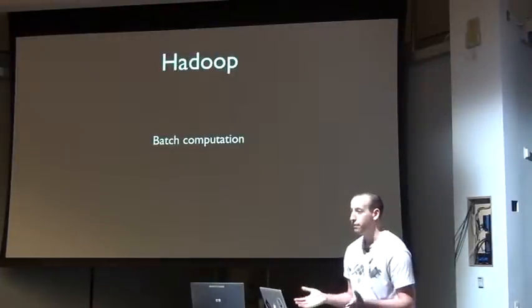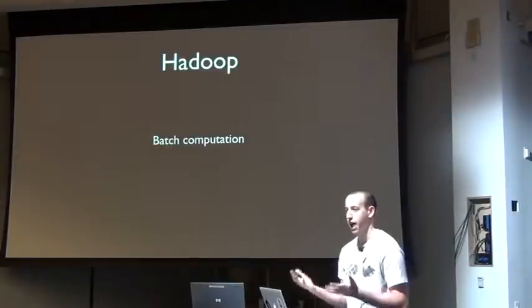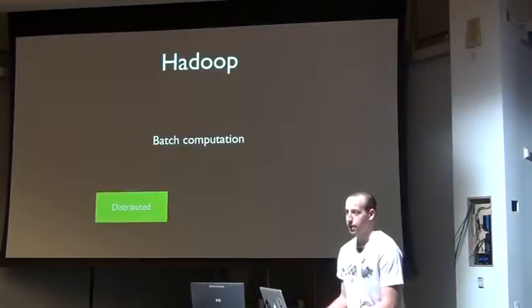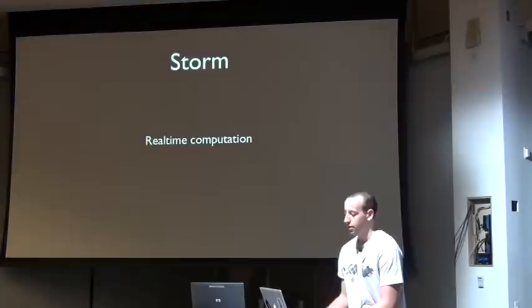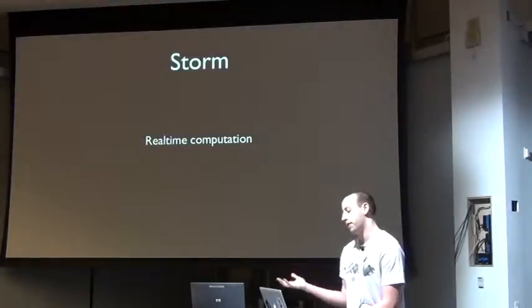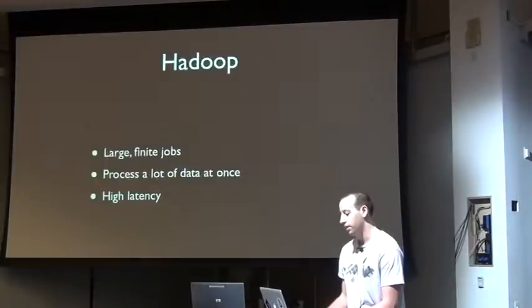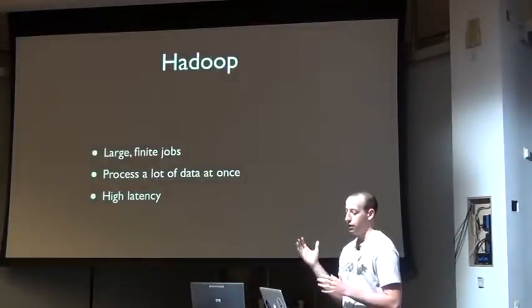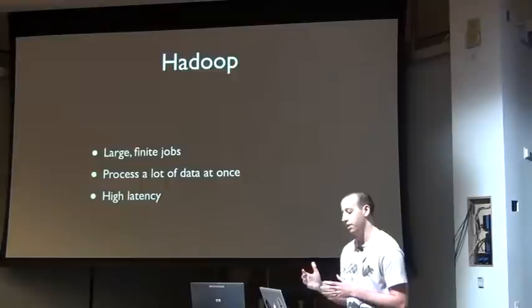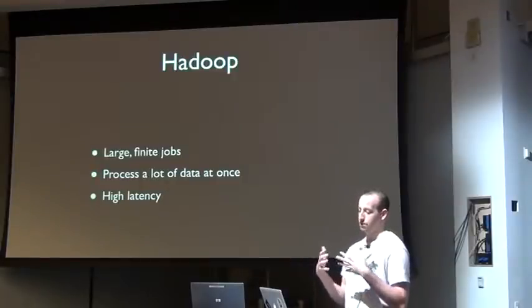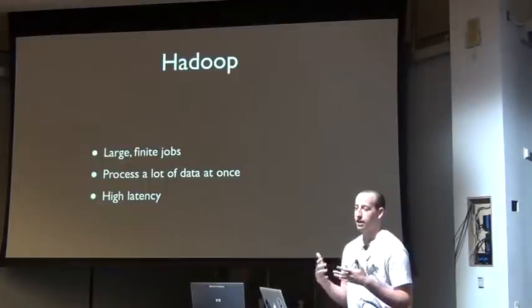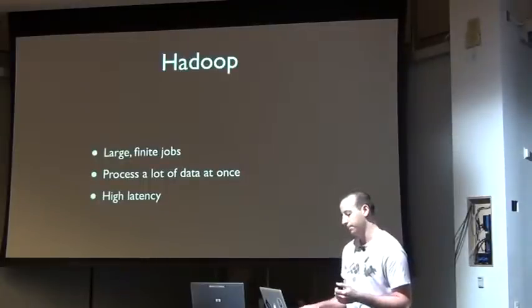You're all familiar with Hadoop. Hadoop is a batch computation system that's distributed and fault-tolerant. Storm is a real-time computation system that is also distributed and fault-tolerant. With Hadoop, you run large, finite jobs and process a lot of data at once, and because of the nature of the processing, Hadoop jobs are inherently high latency.